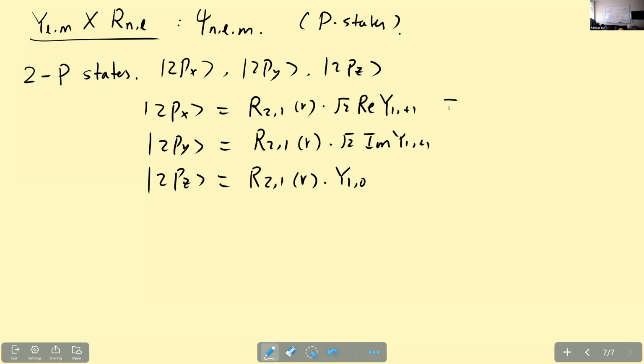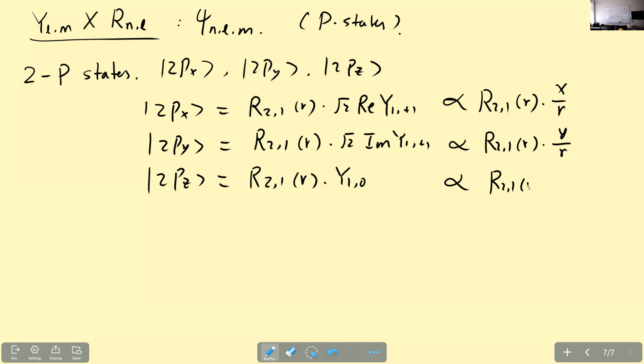You know that these are proportional to R21(r) times x of r, R21(r) times y of r, and R21(r) times z of r. That's very interesting, right? So this is the 2px, 2py and 2pz states.